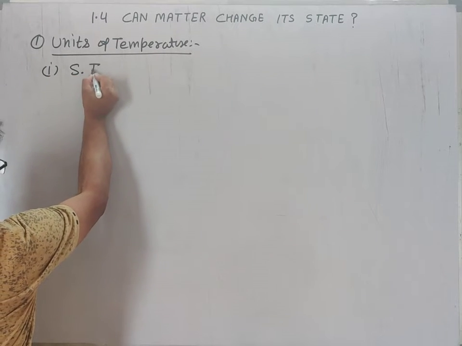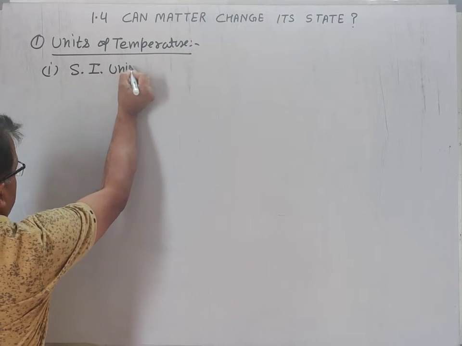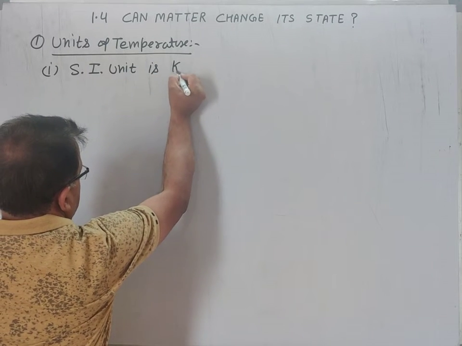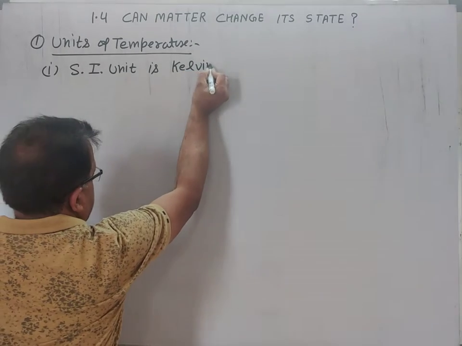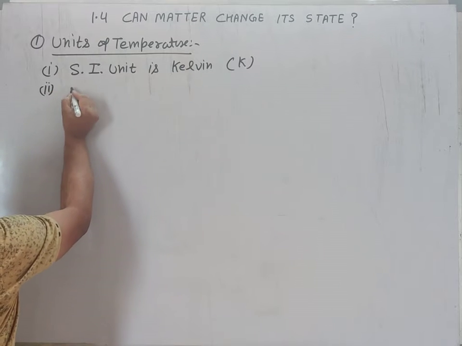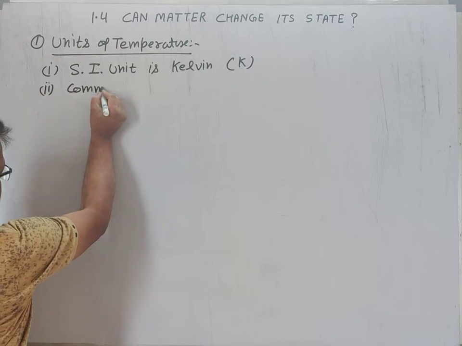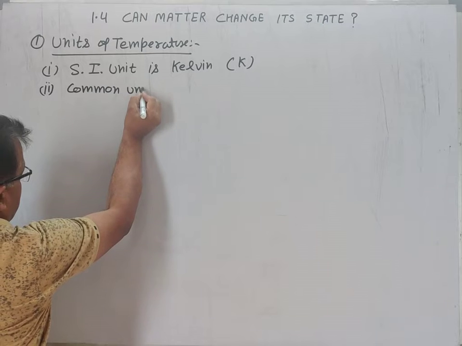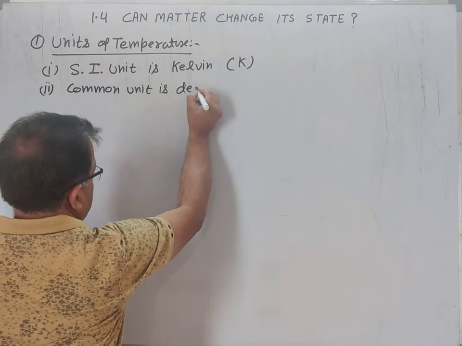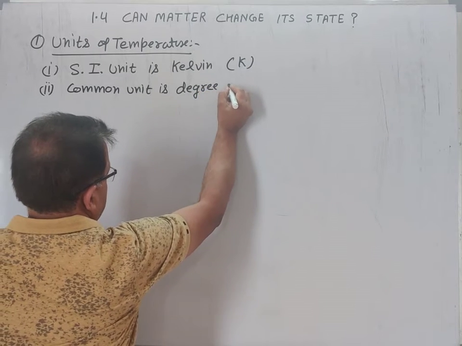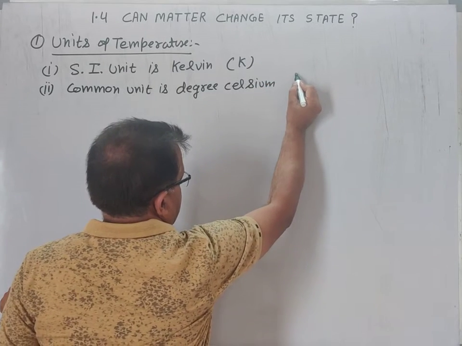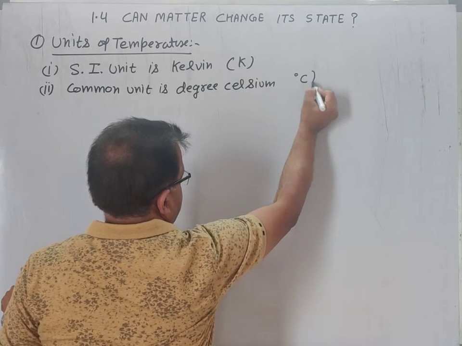SI unit of temperature is Kelvin, and it is represented by K. But common unit of temperature is degree Celsius, and it is written as degree Celsius.